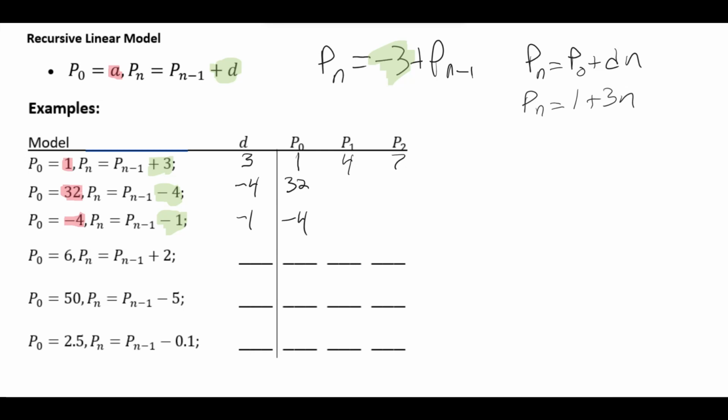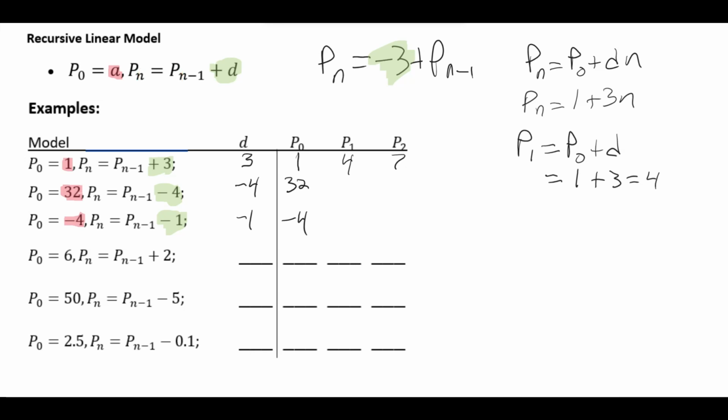In order to find P sub 1, if we go to this formula and plug in 1 for n, that would tell us P sub 1 equals, here we have 1 minus 1 is 0, P sub 0 plus D. And we know P sub 0 for this problem, it's 1. And we know D for this problem, it's 3. And in that way, we could generate the value of 4.